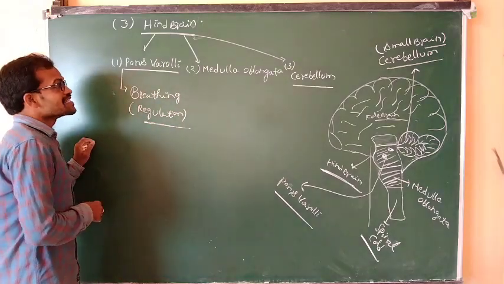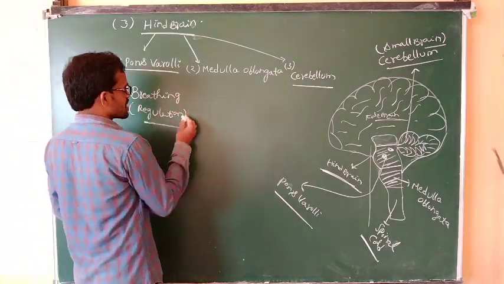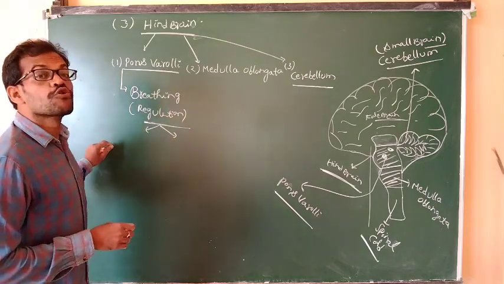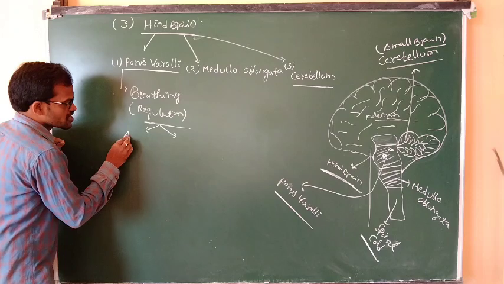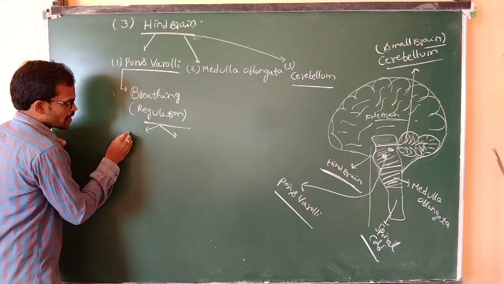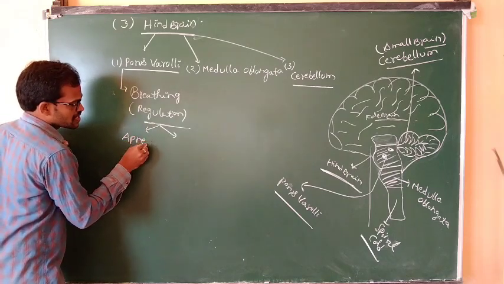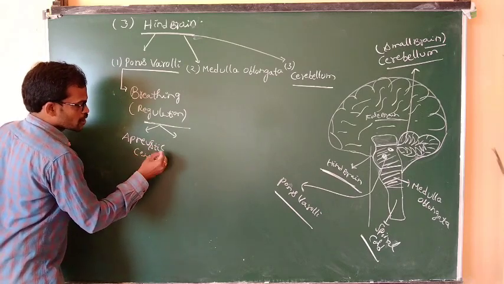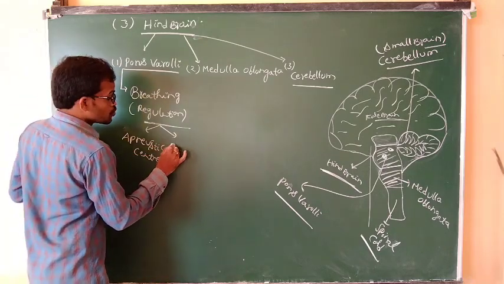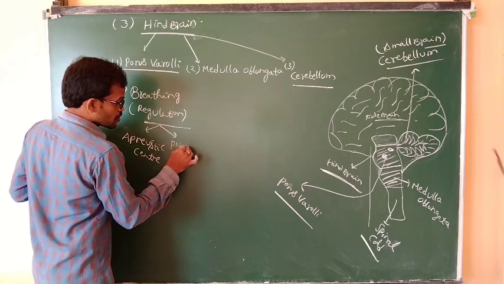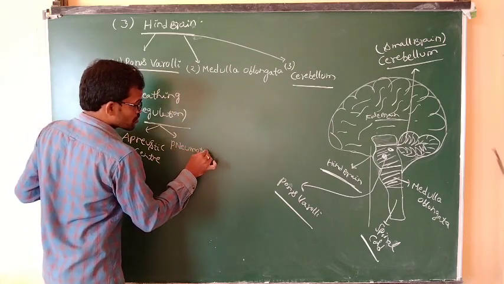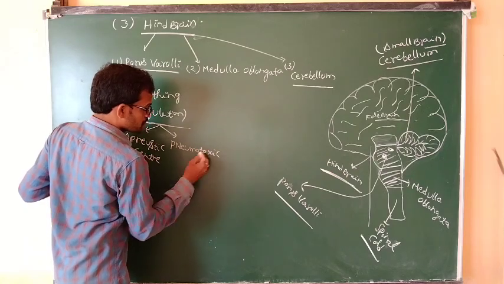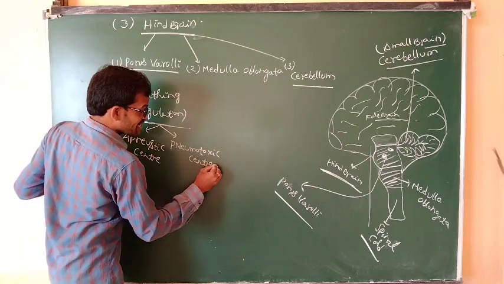The pons varolii consists of the apneustic center and the pneumotaxic center.